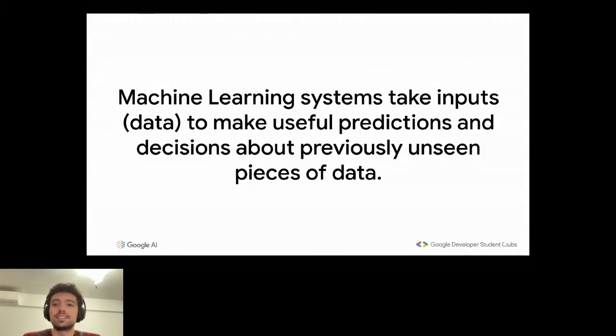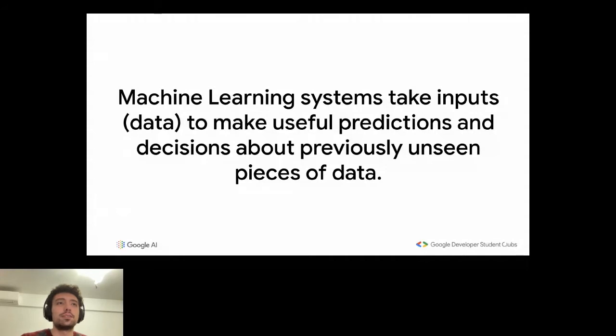Machine learning systems take data as input to make predictions and decisions on unseen pieces of data, which is sort of like teaching a baby how to be a grown-up, right? You would teach them through situations that happen, and that would be the data fed into them, so that they can learn and adapt to situations that they wouldn't have seen when they happen.